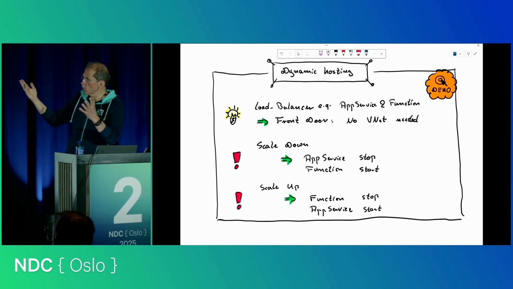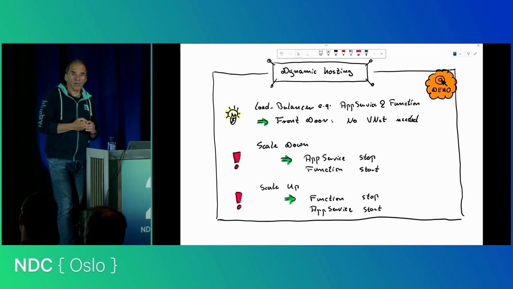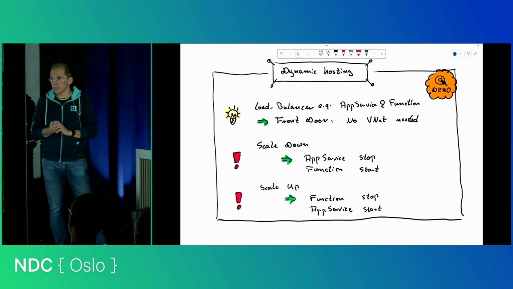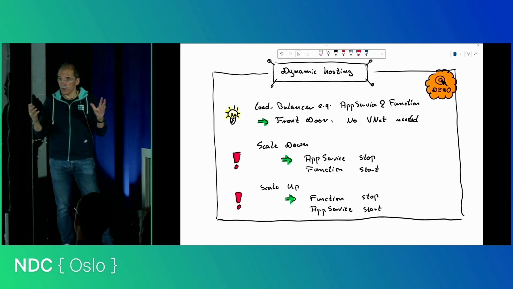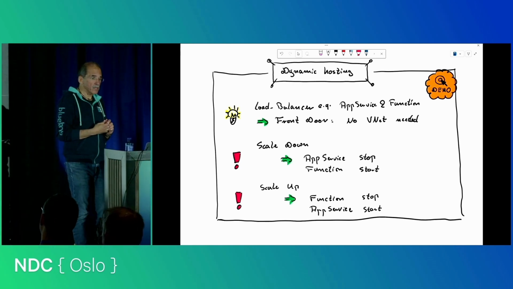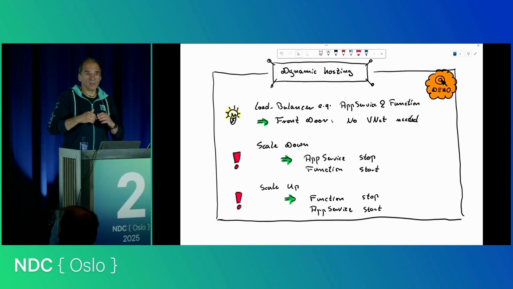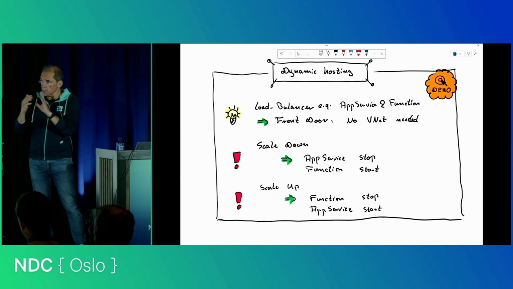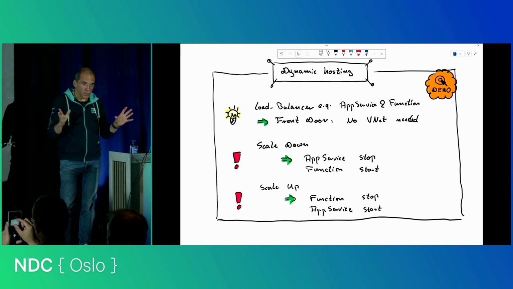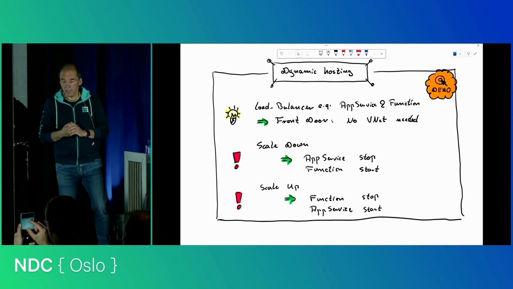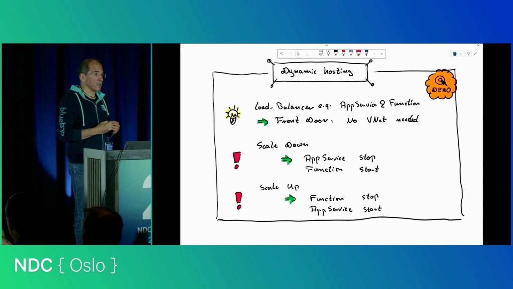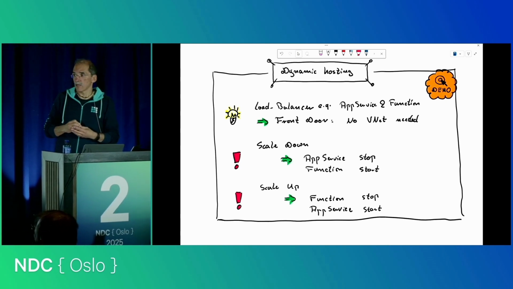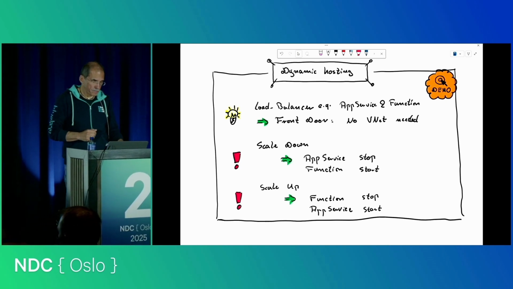And I have a solution with Front Door. Front Door is a kind of DNS load balancer. The advantage is it doesn't need a VNet, a virtual network. If you can use a VNet, there are more load balancers; you can also handle this with other load balancers, Scaleway or something like that.